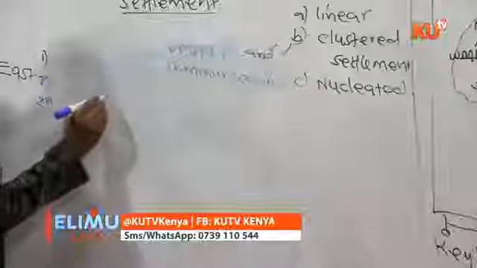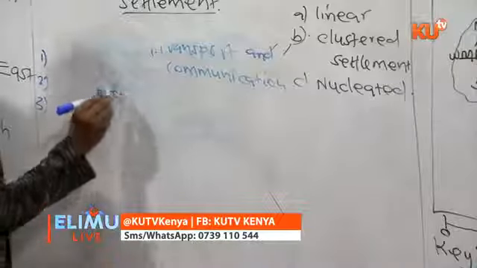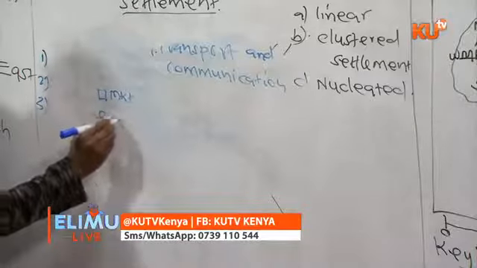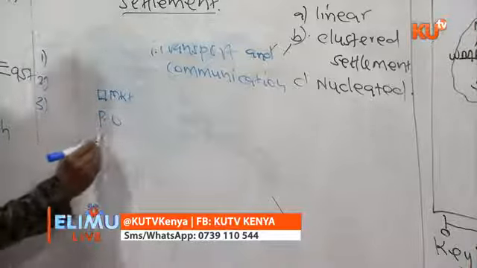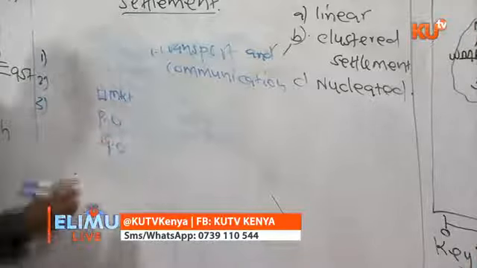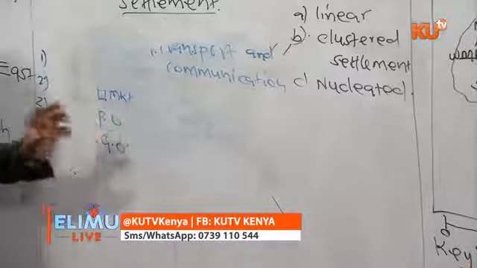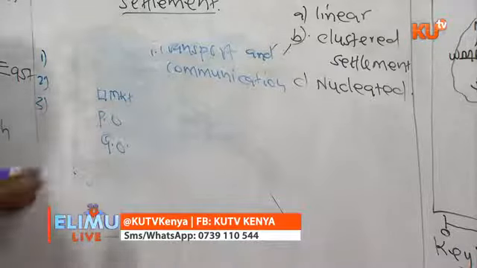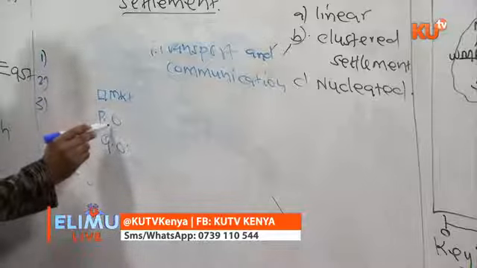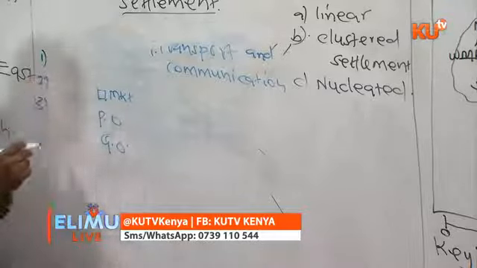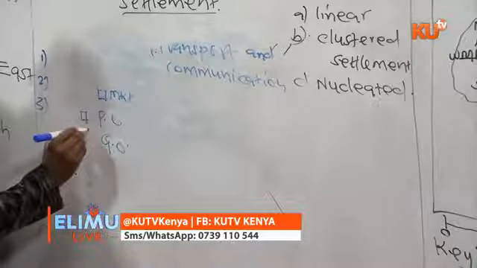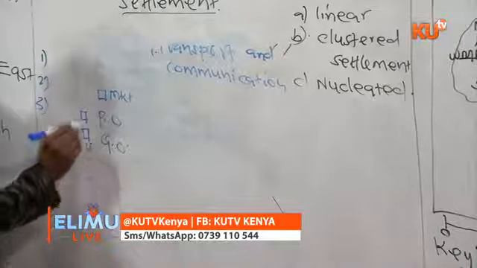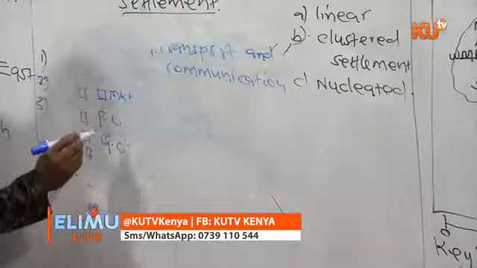Maybe this one is the market. Then we have the police office, PO. We have the governor's office. I'm using the symbols to explain this. So this is the market, this is the police office, this is the governor's office. But you'll find that people like to settle around that particular area.